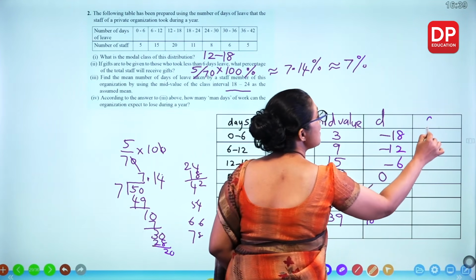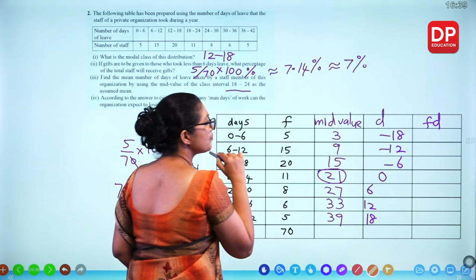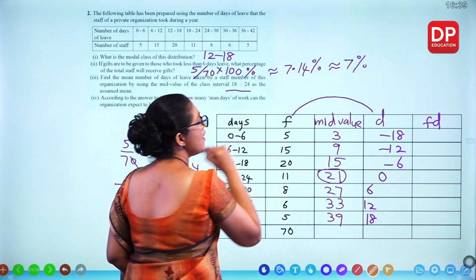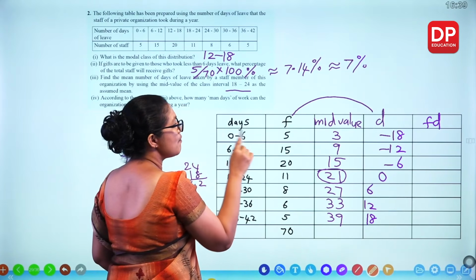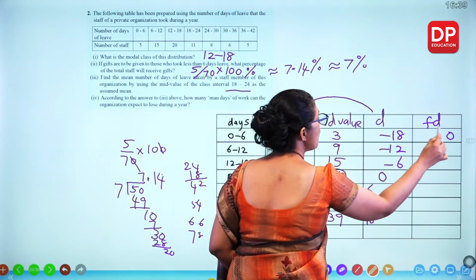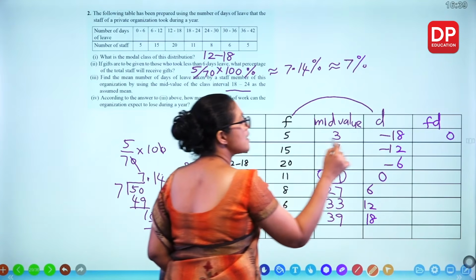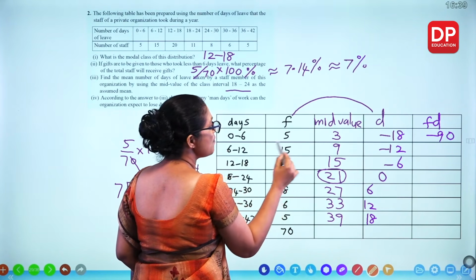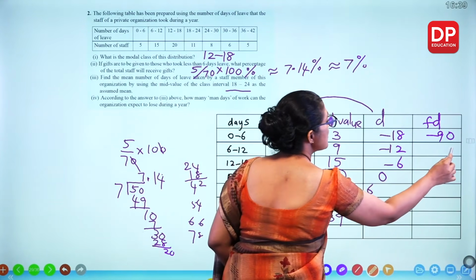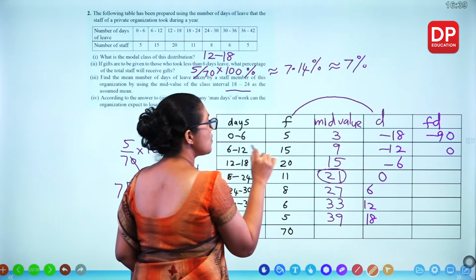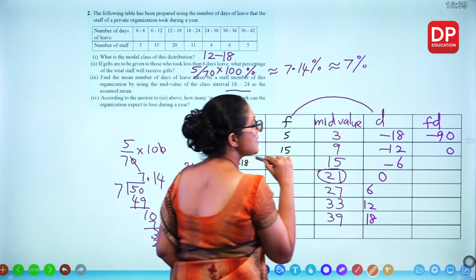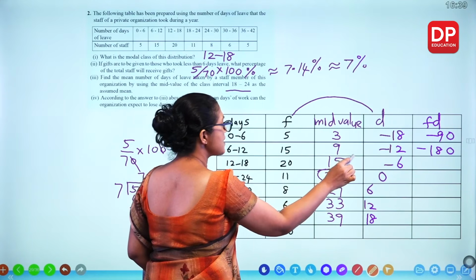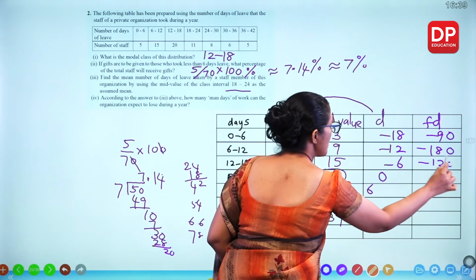Now calculate FD. Don't multiply these two; FD means this and this. 5 times 8, 40, 4 remaining, 5 times 1, 5 plus 4, 90. So minus 90. 15 times 12, 180. 20 times 6, 120.